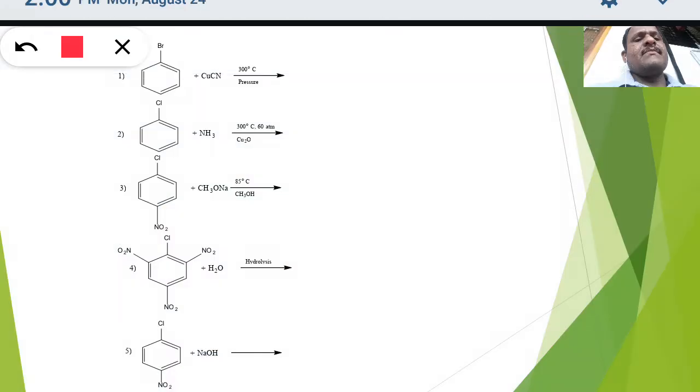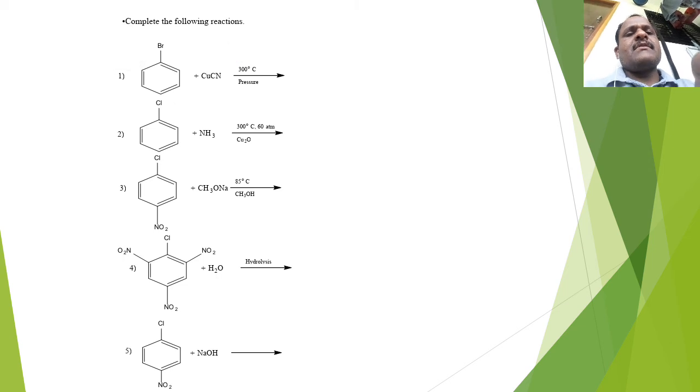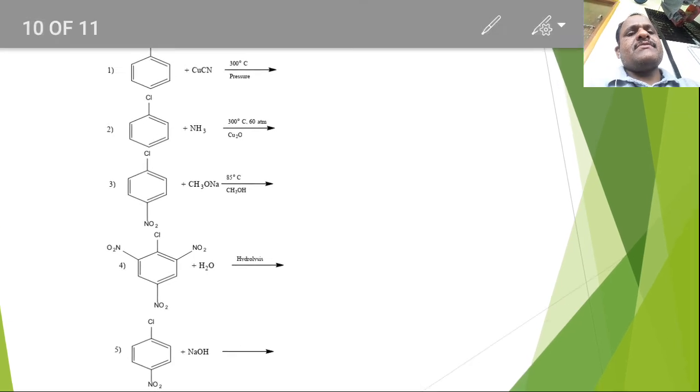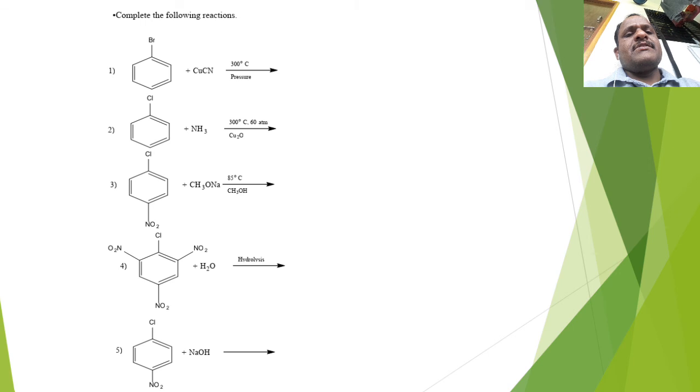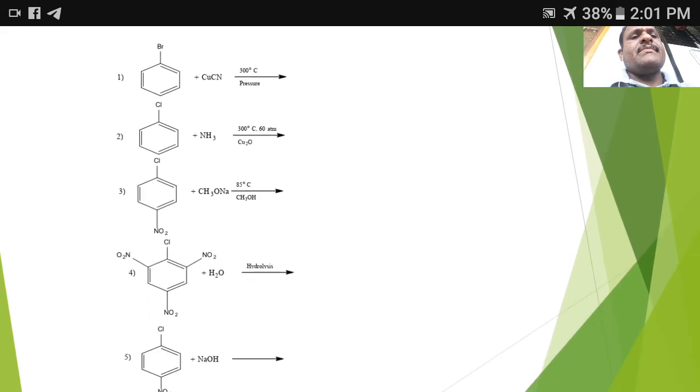We will see here what is the product of this reaction. Here CN acts as a nucleophile, so that will come and occupy. CN minus first, there is an ipso substitution that takes place. What is the product of this reaction then? Cyanobenzene.